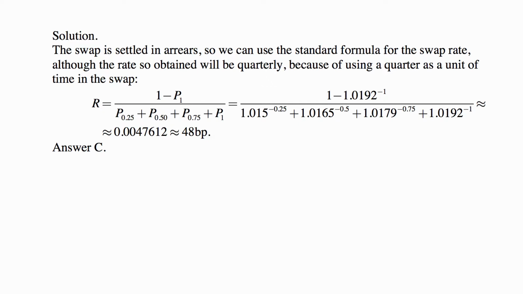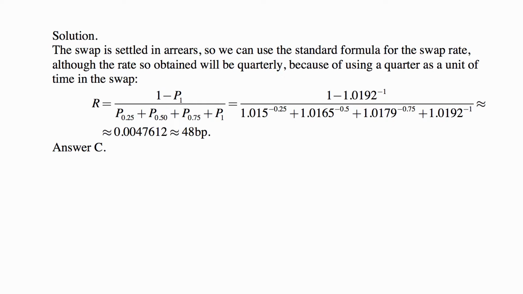And that will be simply the present value of a payment of 1. So 1 minus P1 is 1 minus 1.0192, and that's the rate for 1 year, this 1.92% that we're using here. And we're doing the same for time.